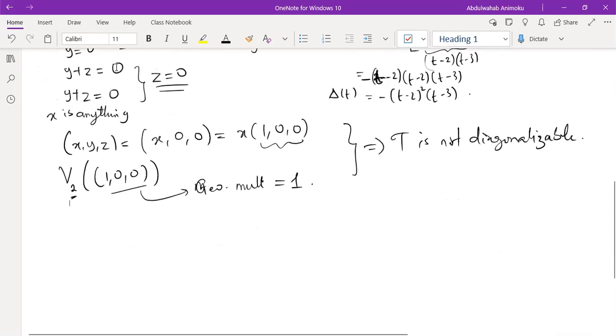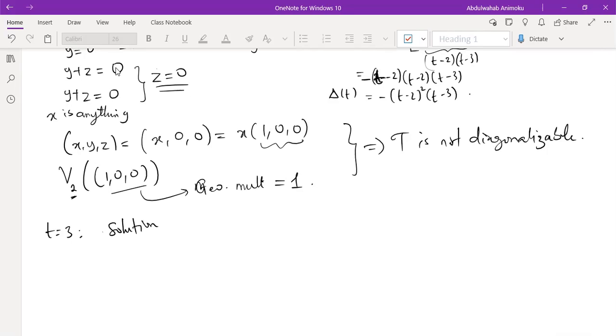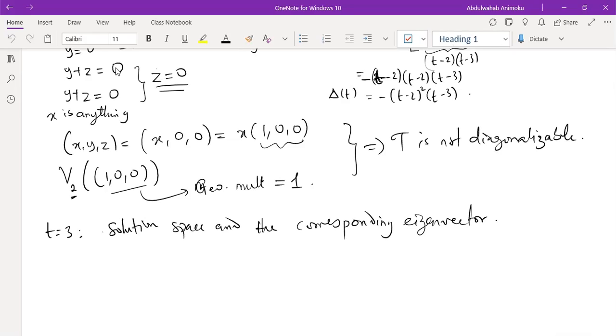Now, for the sake of argument, just as an exercise for you, think about when t is 3. Try to find the solution space and the corresponding eigenvector. It's just part of the problem, but we know that we cannot diagonalize this transformation.